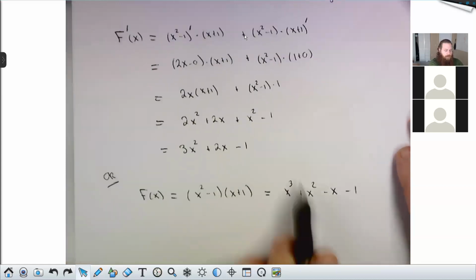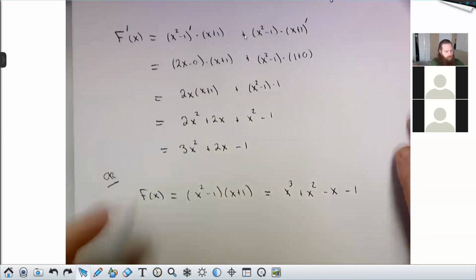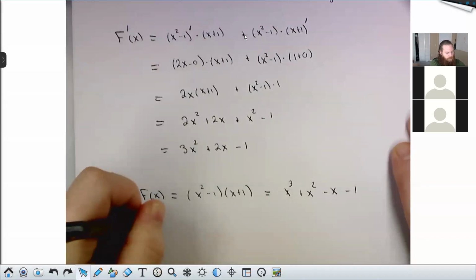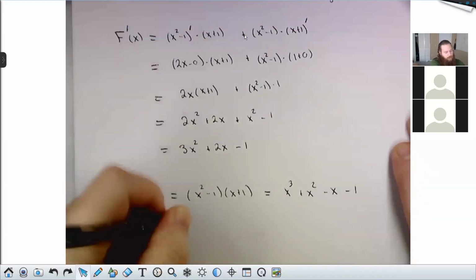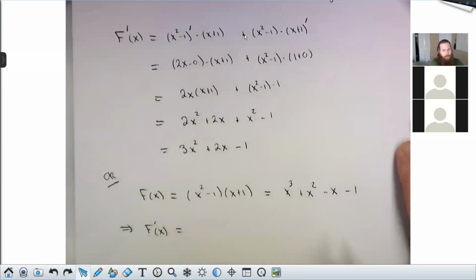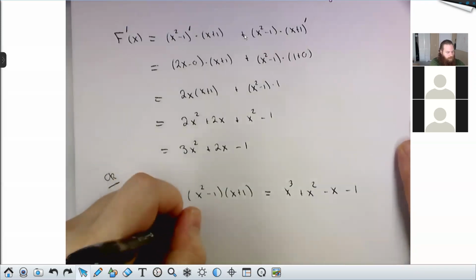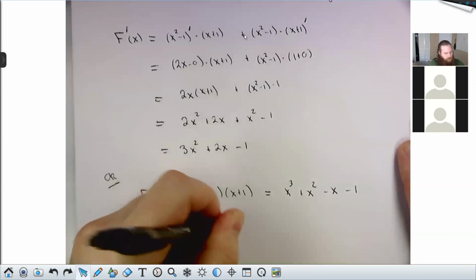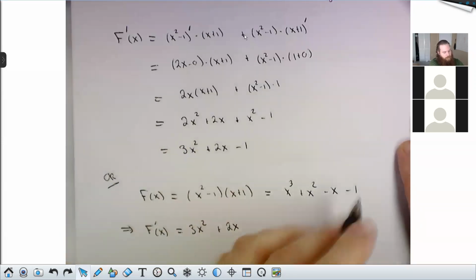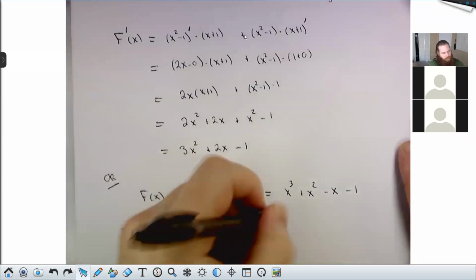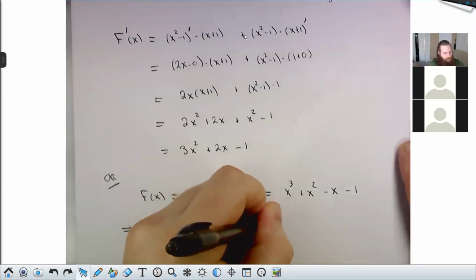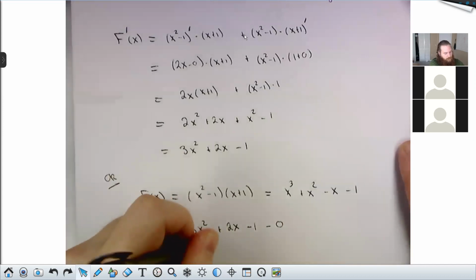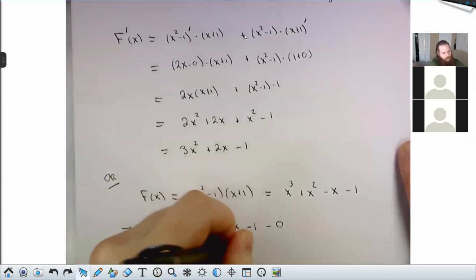Now this is a regular polynomial in standard form, so I can differentiate it just using the rules that we knew before the product rule, namely the power rule. x cubed becomes 3x squared, plus x squared becomes 2x, minus x becomes 1, and minus 1 becomes 0. So f primed is just 3x squared plus 2x minus 1.